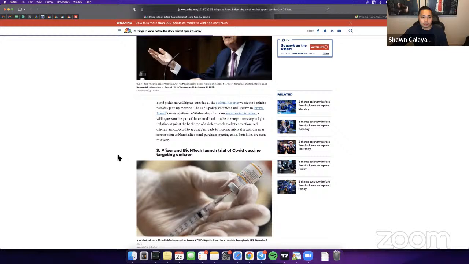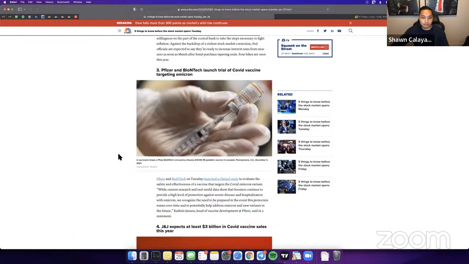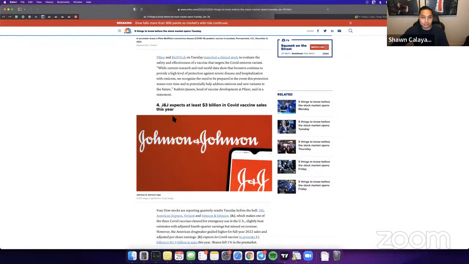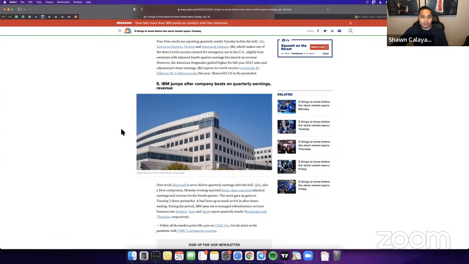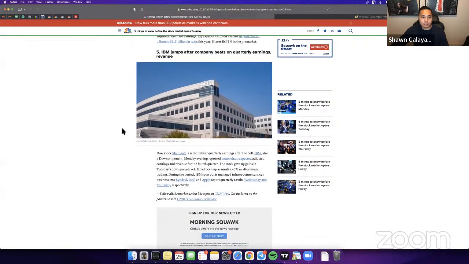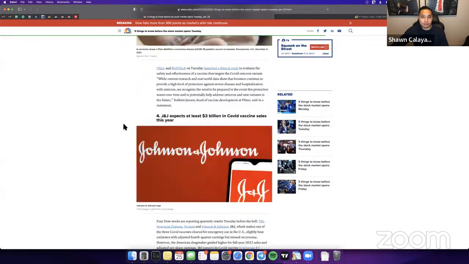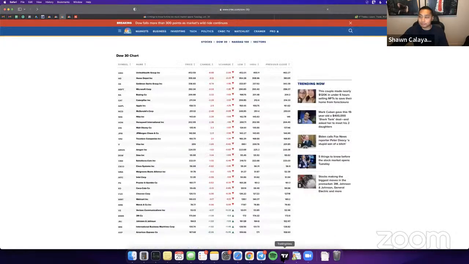Pfizer Biotech launched trial of COVID vaccine targeting Omicron. Man, there's a vaccine for everything. J&J expects $3 billion in COVID vaccine sales, so you're going to see J&J shoot up. Probably IBM jumps after company beats quarterly earnings revenue. All right, so there's a lot of things here that are indicating price is going to push up, but I don't know.